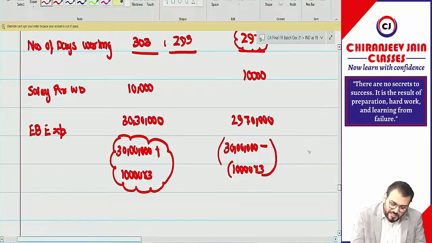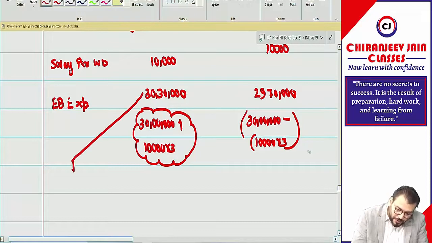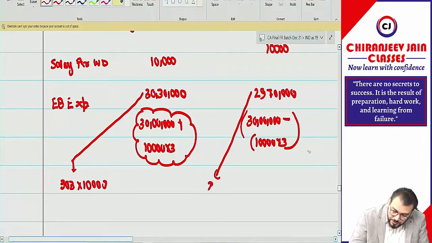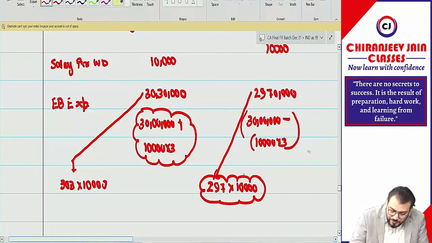If you see 303 into 10,000, and 297 into 10,000, it is a perfect matching concept. It matches with our working.